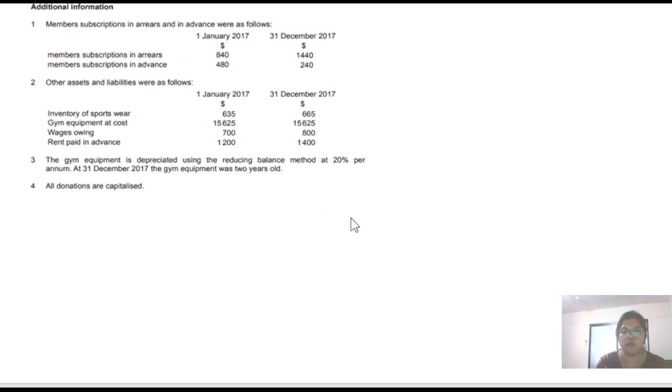Okay, now moving forward, there is some additional information in the question in front of you. So what is the additional information? First of all, we are going to read the first point, membership subscription. So you have membership subscription, arrear and advance. Okay, this is your 2017 balance, from 1st January, and this is from 31st December.